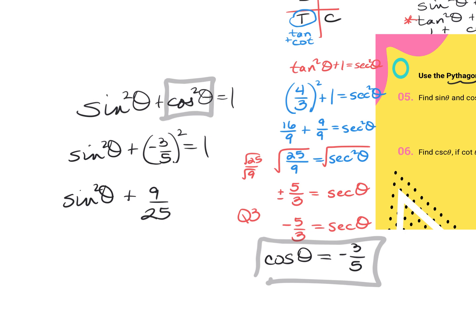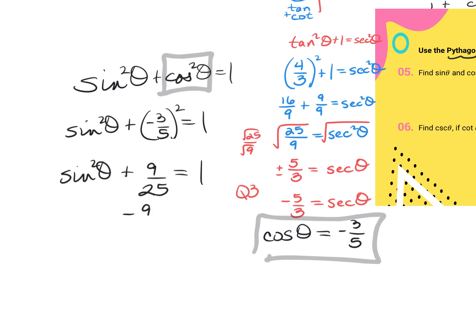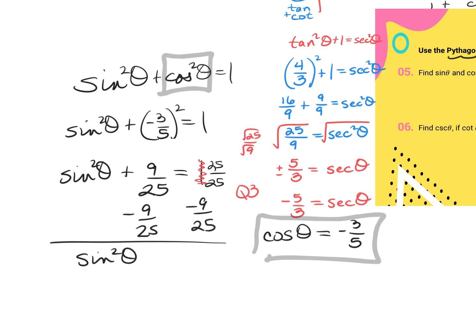9/25 equals 1. Now, again, I need to move my 9/25 to the other side to isolate the sine squared theta. I'm going to change this whole number 1 and make it 25/25, so I can subtract my fractions. So now I have sine squared theta equals 16/25.